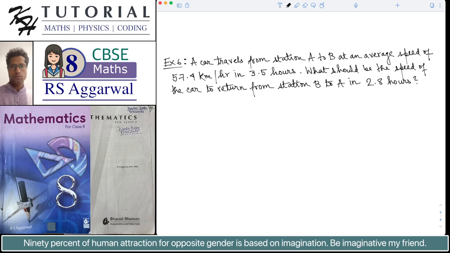So if we consider x to be the speed of the car and y to be the time taken.